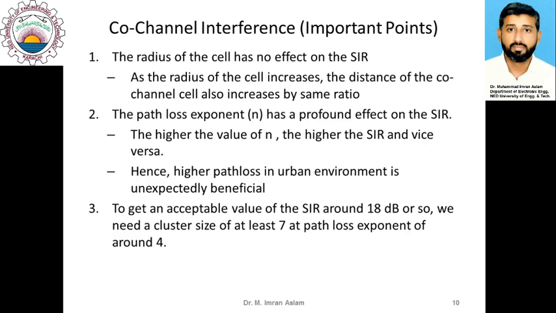But higher path loss in the urban environment is beneficial from the interference point of view. To get an acceptable value of SIR around 18 dB or so, we need a cluster size of at least 7 with path loss exponent of around 4. So this concludes the discussion on the co-channel interference.